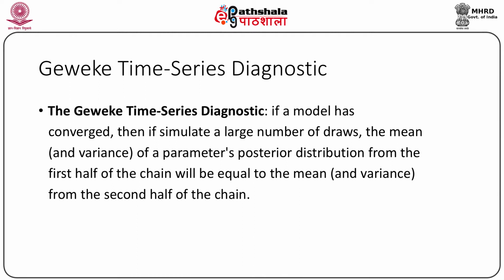The Geweke time series diagnostic says that if a model has converged, and you simulate a large number of draws, the mean and variance of a parameter's posterior distribution from the first half of the chain will be equal to the mean and variance from the second half of the chain.